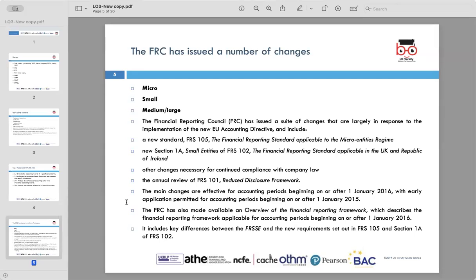Effective dates. The main changes are effective for accounting periods beginning on or after January 1st, 2016, with early application allowed for periods beginning on or after January 1st, 2015. Overview documents: the FRC has provided an overview document that outlines the financial reporting framework effective from January 1, 2016.